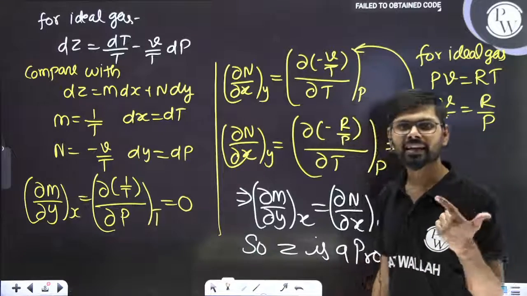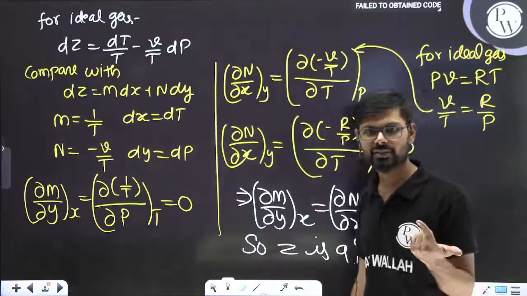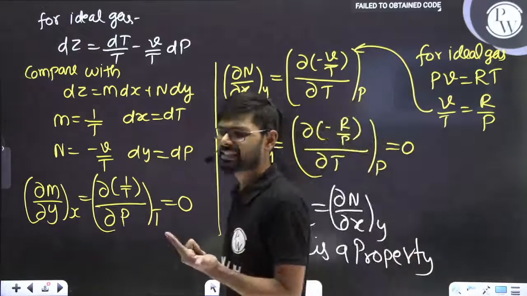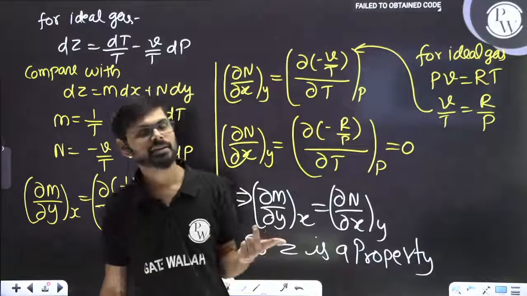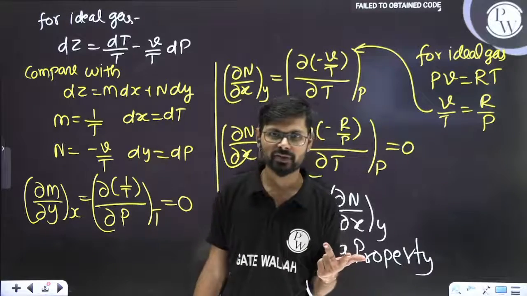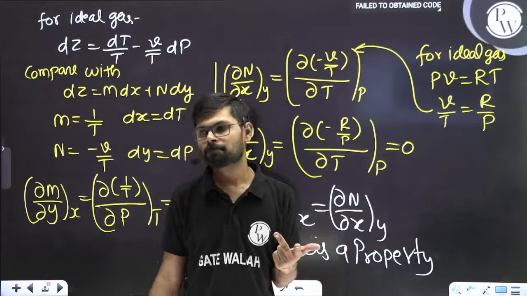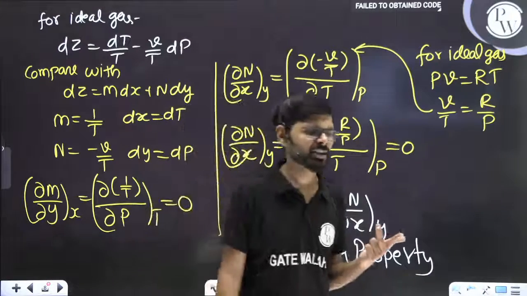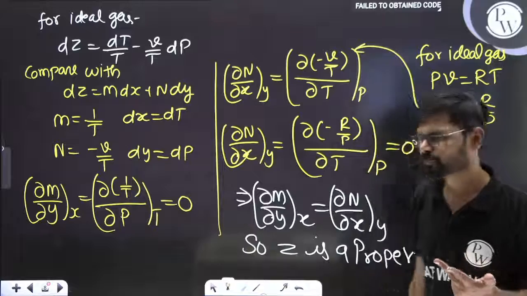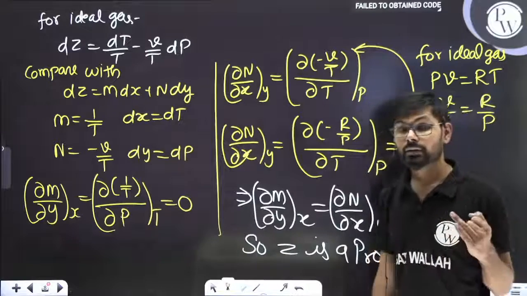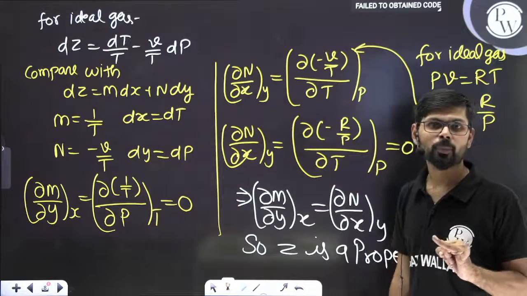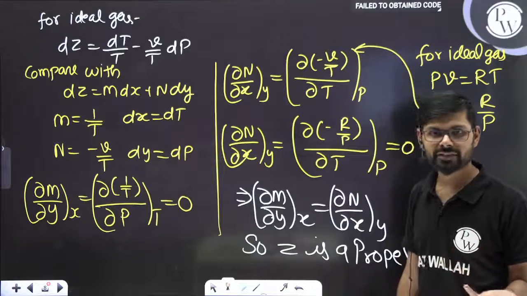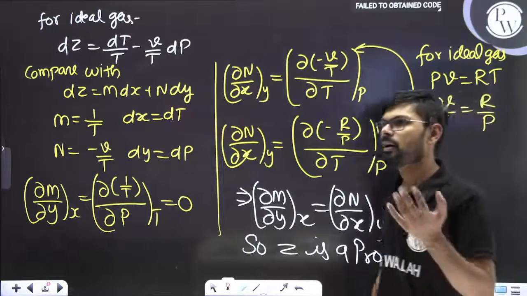Intensive property means independent of mass or size of the system, like pressure, temperature, density, etc. Extensive properties are those that depend upon the mass or size of the system, like volume, mass, energy, enthalpy, entropy. Now the ratio of two extensive properties is always intensive. The specific properties are always intensive properties.